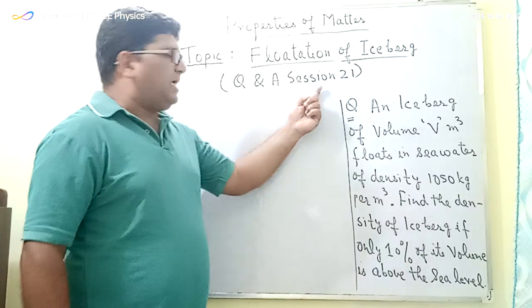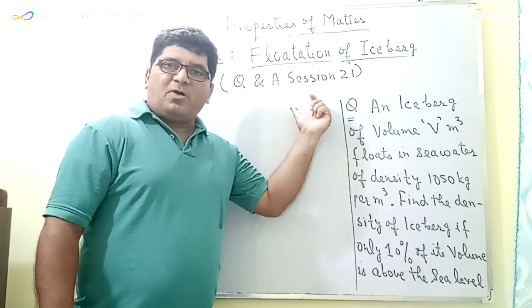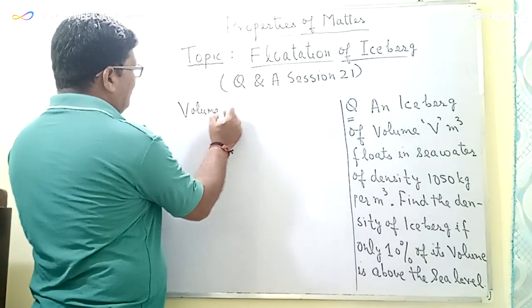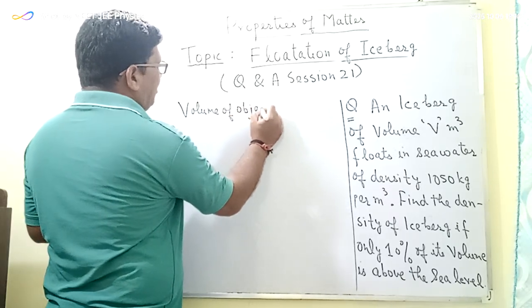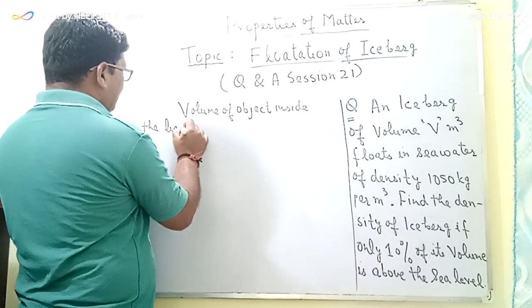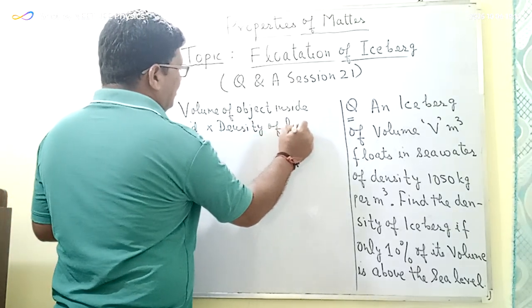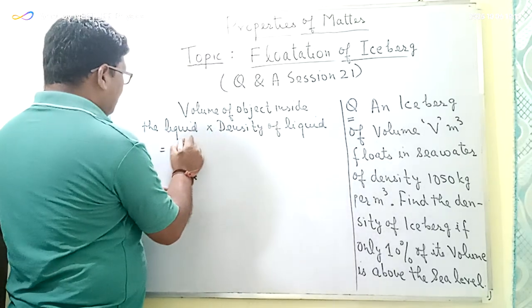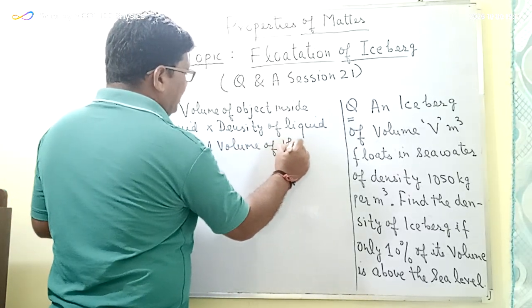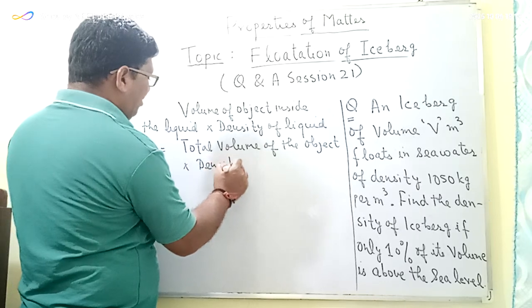In session number 19, we learned about the laws of flotation, and in that session, we learned that if a body is floating partially submerged, then the volume of the object inside the liquid multiplied by the density of the liquid is equal to the total volume of the object multiplied by the density of the object.